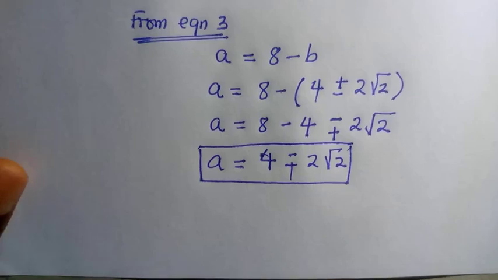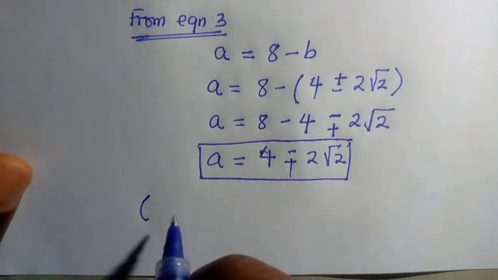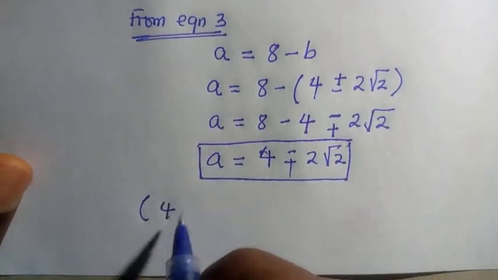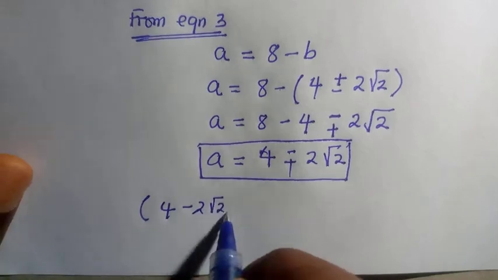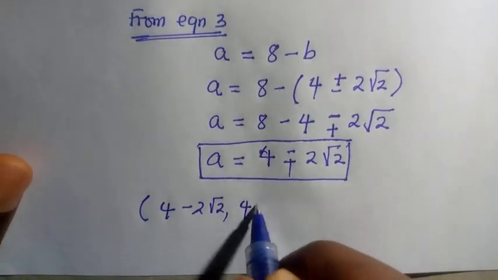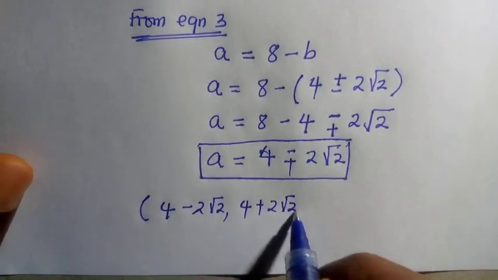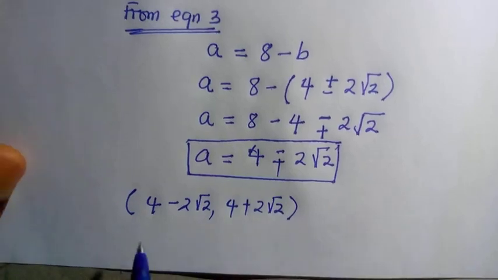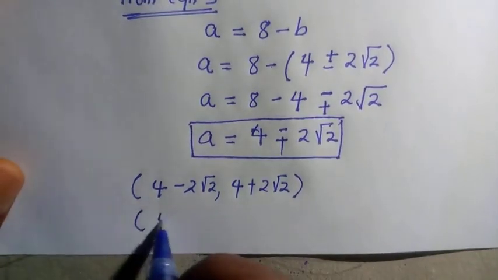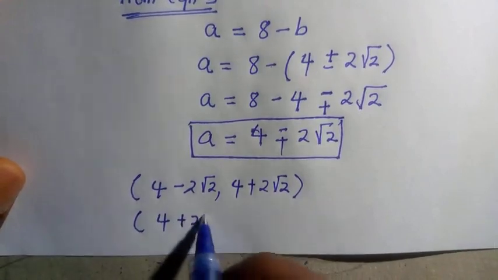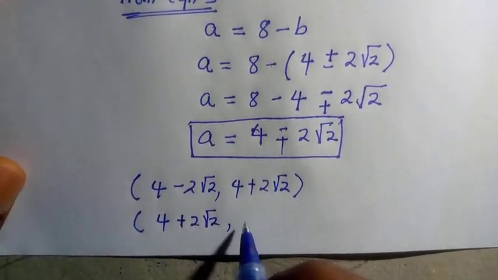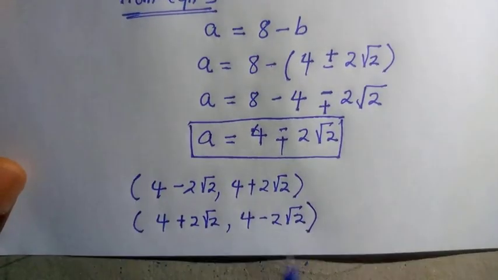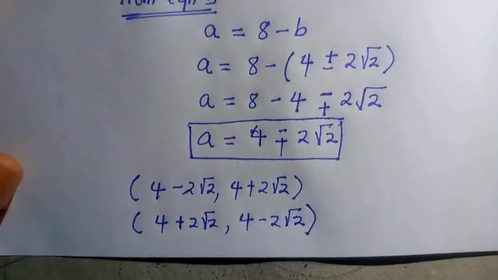If a is 4 minus 2 root 2, definitely b will be 4 plus 2 root 2. And also, if the value of a is 4 plus 2 root 2, then b will be 4 minus 2 root 2. And this is how to solve this problem.